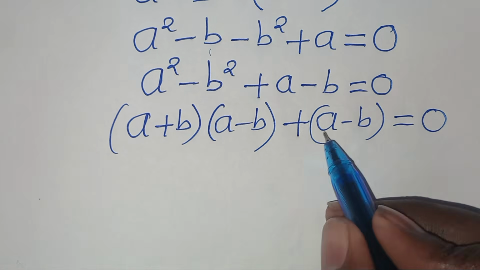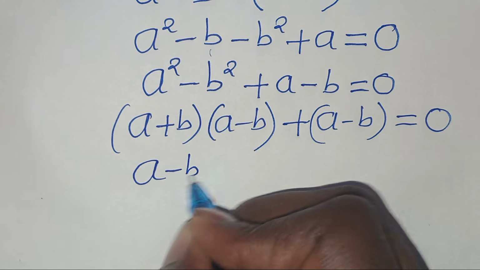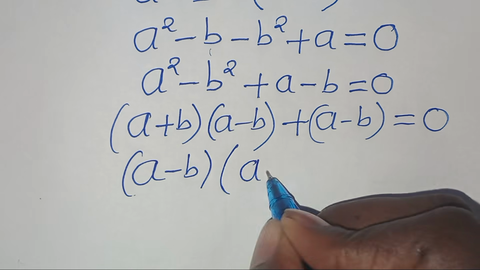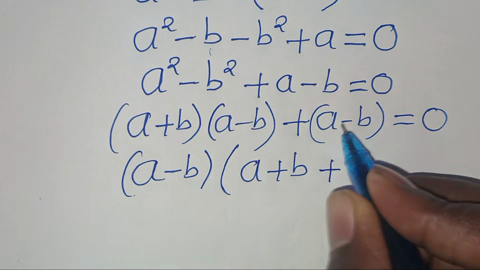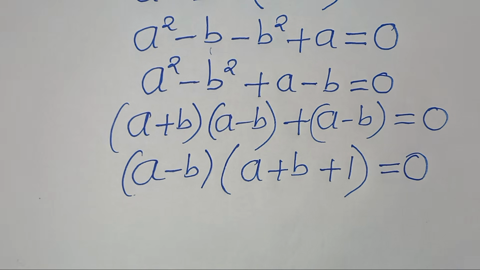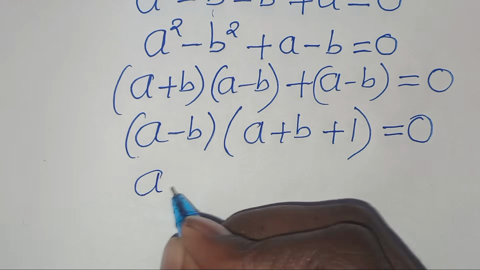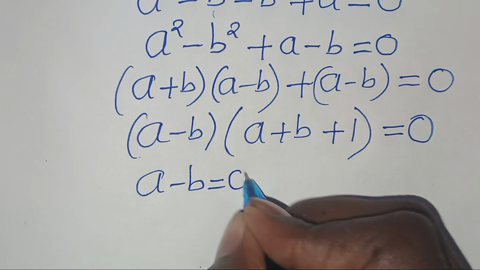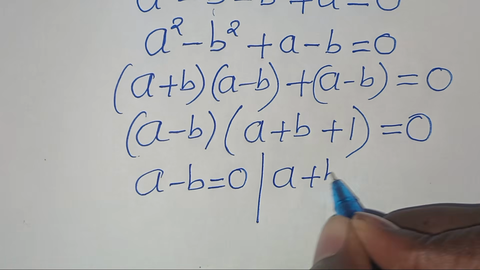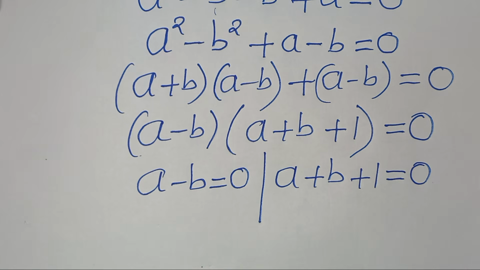Now a minus b is common here, so we factor out a minus b into the parentheses. This is a plus b plus 1, close the parentheses, equal to 0. So we have two parts here. The first part is a minus b equal to 0, and the second part is a plus b plus 1 equal to 0.